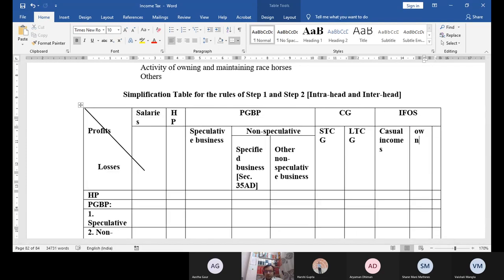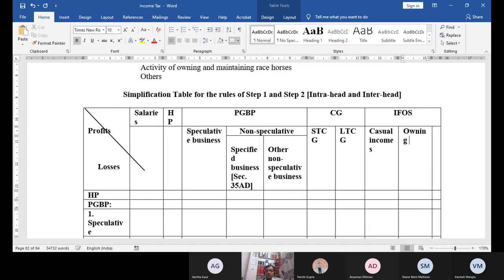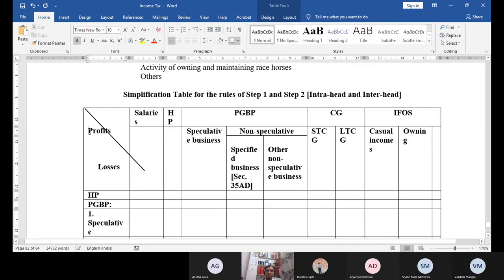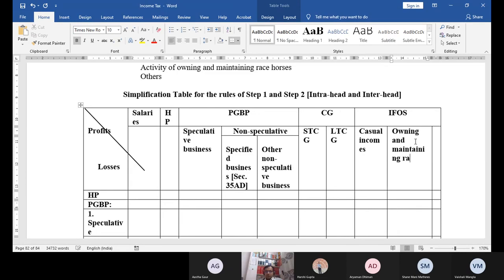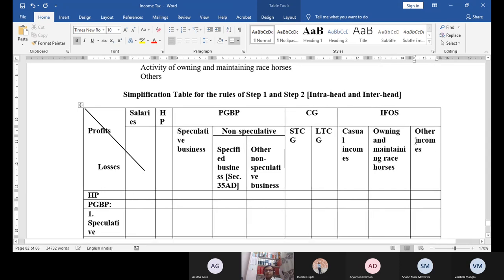Owning and maintaining resources. These are other incomes. Now, is this structure clear?